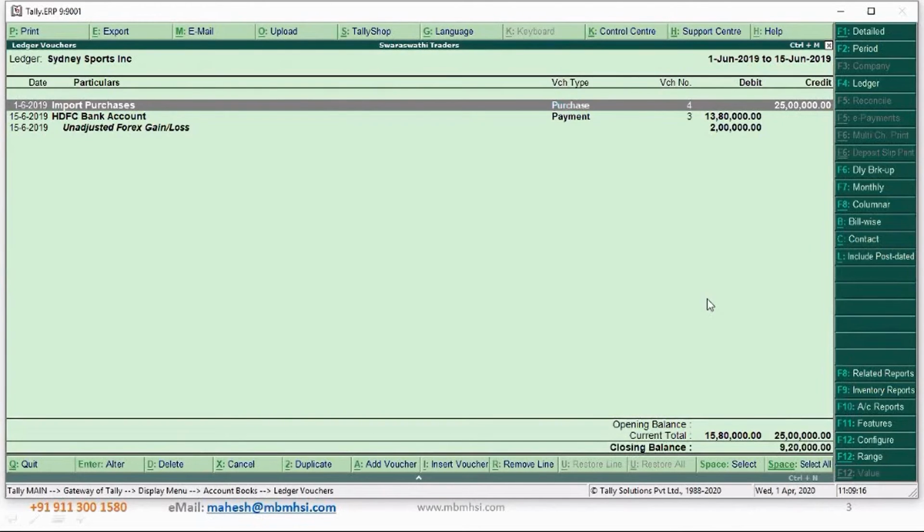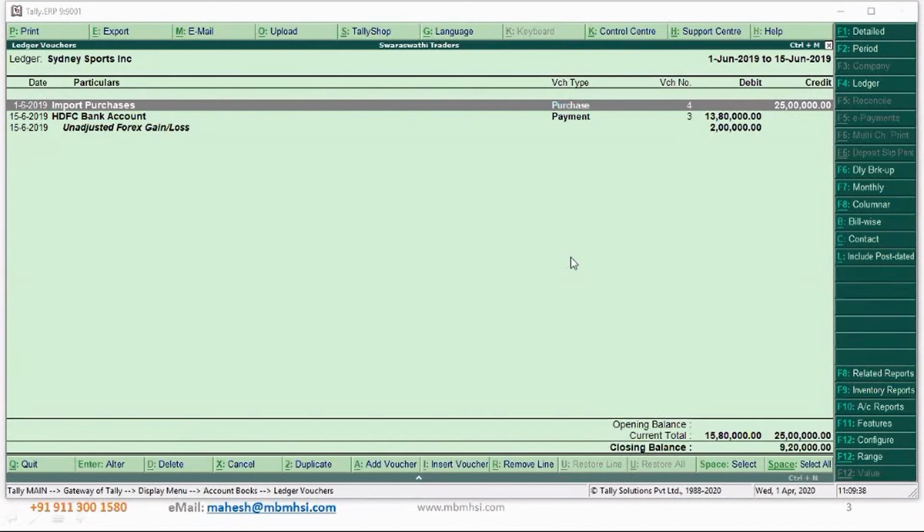Right? Okay. So a lot of people are asking me why it has gone to 2 lakhs, it should be 1,20,000. Okay. See, one thing that you need to understand, the 2 lakh which is showing on your system is a notional loss. It is not an actual loss because you have not made the full payment.